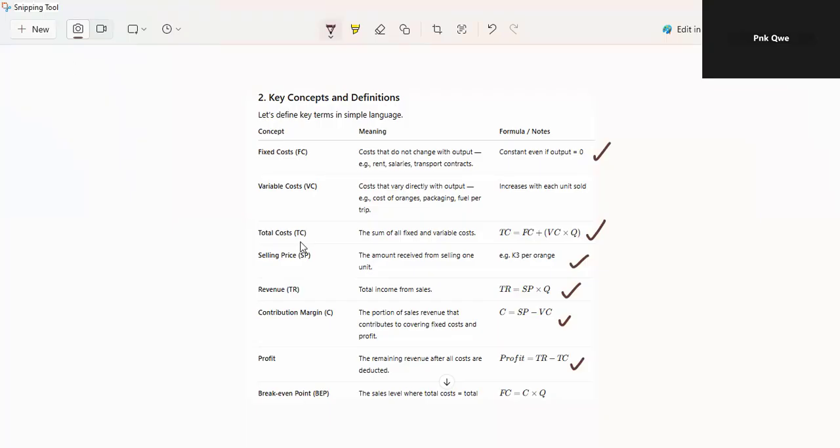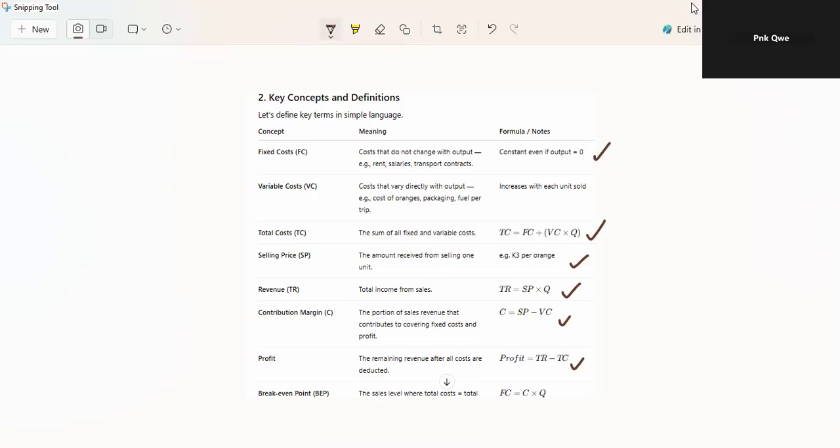What other formulas should we know of? These formulas are not given, you just need to know them. We also have the margin of safety. How do we find the margin of safety?